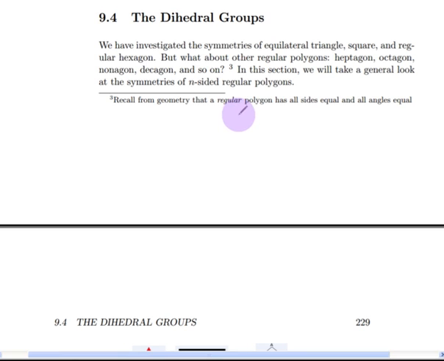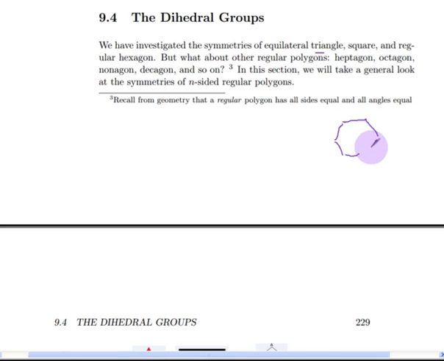All right, now let's see how much more we can generalize. We've talked about the symmetries of triangle, square, and hexagon, but what about other polygons? Other regular polygons. Regular means that they all have the same sides, same angles. For instance, you've seen the picture of the regular hexagon.